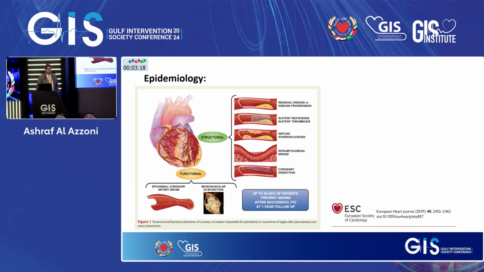One important statistic to highlight here is that even in patients in whom you find a significant lesion in the coronary artery and end up stenting, at the 1 year mark, up to 20 to 40% of such patients still have significant angina and did not improve. Sometimes it can be related to stent-related factors, whether it is ISR, edge dissection, and so on.